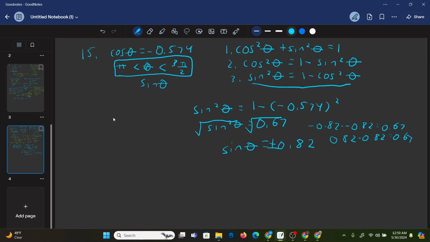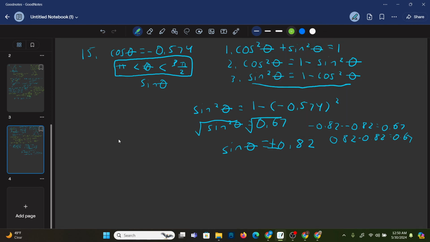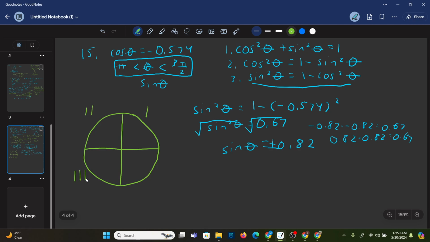And so we're going to look at the unit circle. So here we have the unit circle, and we have quadrant 1, 2, 3, and 4.